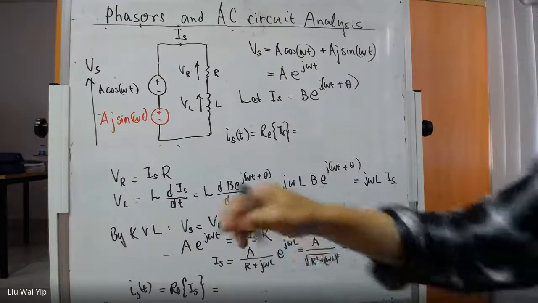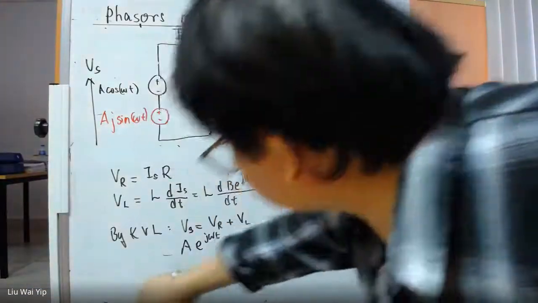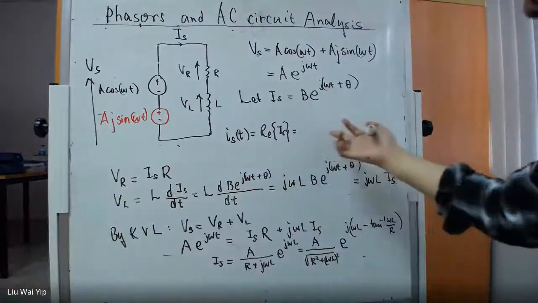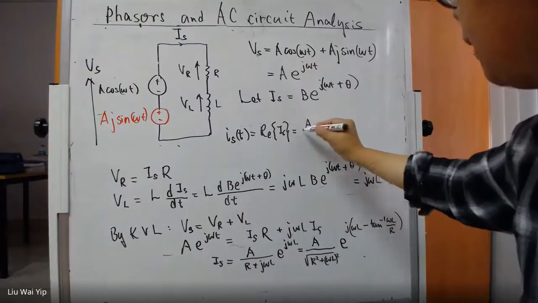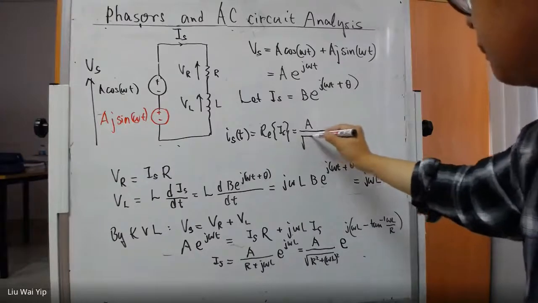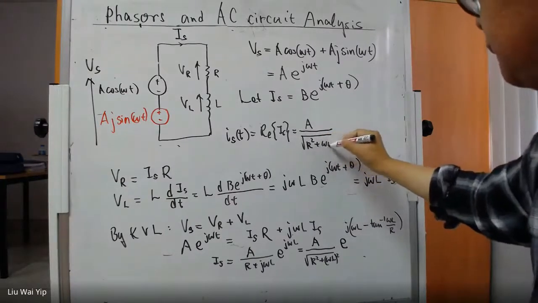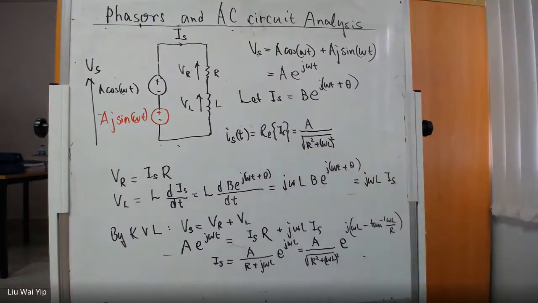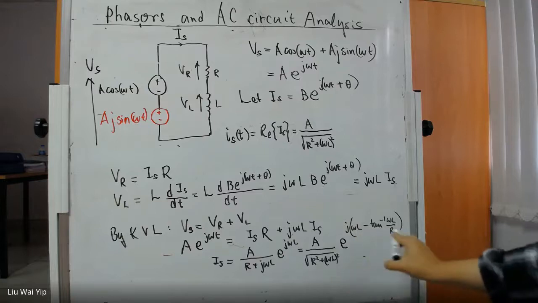According to this expression, let's clean up this area. We don't need this. It's just A divided by the square root of R squared plus (omega L) squared, and then we have the exponential term here.